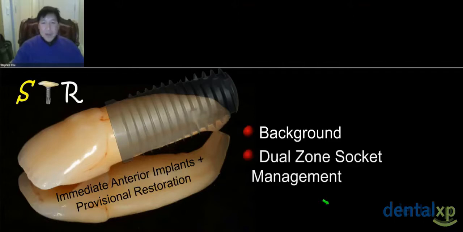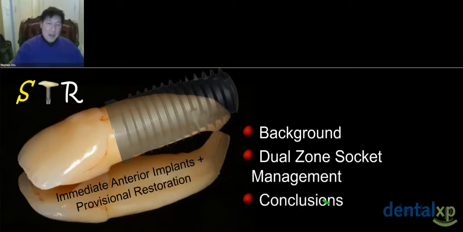I'd like to also discuss a concept called dual zone socket management, where I've been working with my partner Dennis Tarnow and Maurice and Henry down in Atlanta with David Garber and some other colleagues in South America. We've joined forces to look at this concept in more detail and come up with predictable outcomes as it relates to aesthetics.